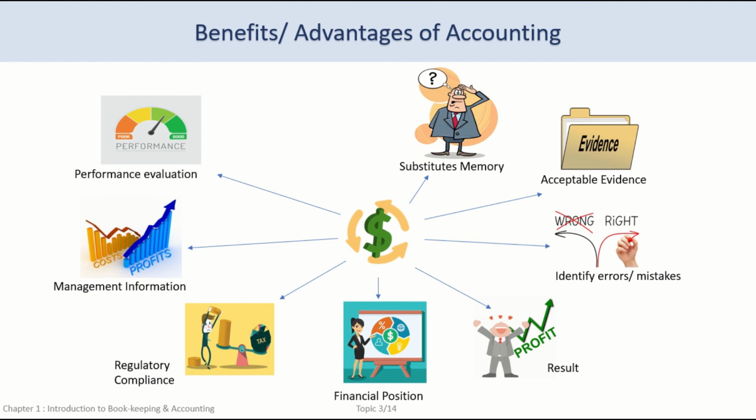Comparisons can also be done across periods or products or even between organizations to improve operational efficiency. This also enables us to set targets or goals for the next accounting period or financial year.